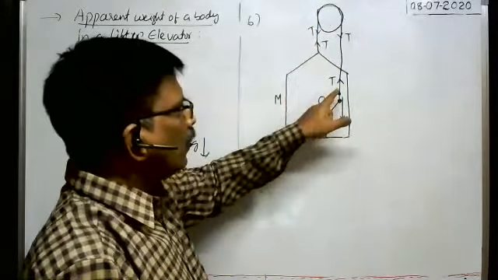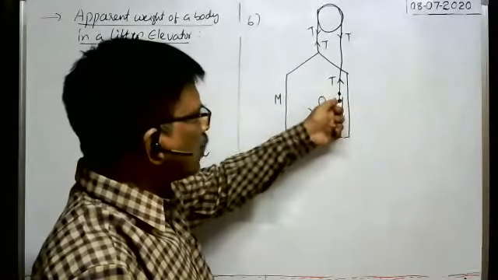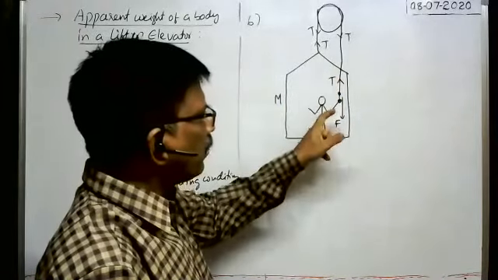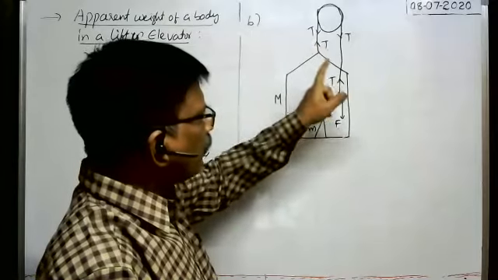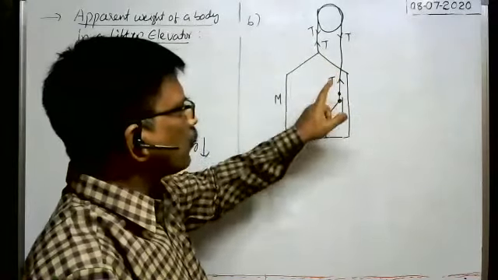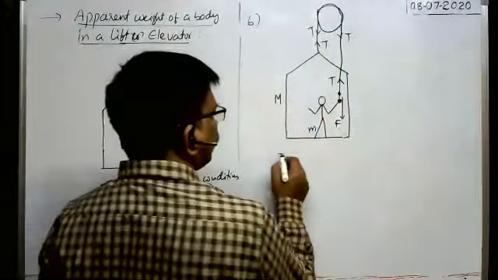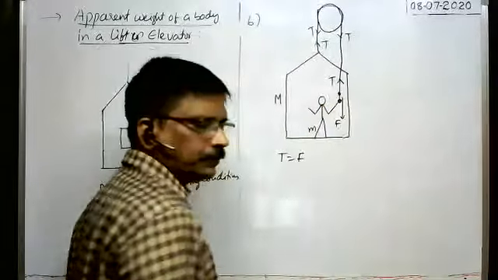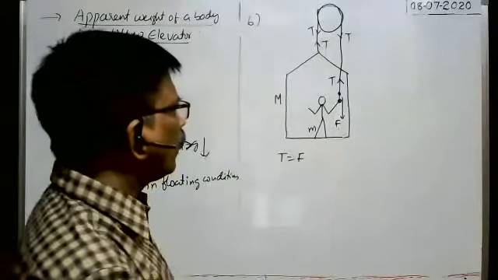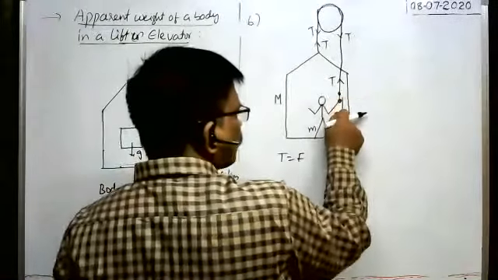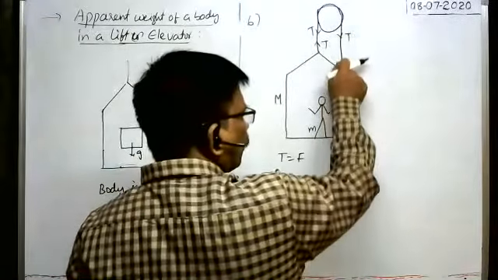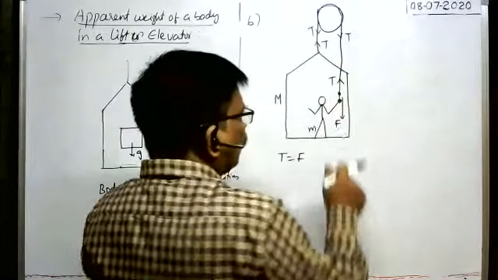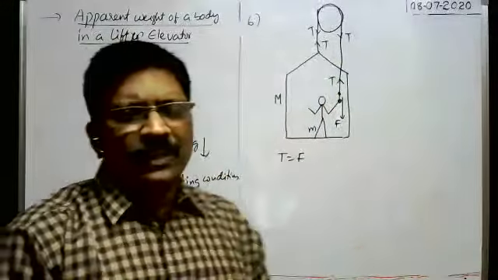In such a case, whatever force the rope is pulled downwards with by the man, the same amount of tension is developed in the rope. That's why T is equal to F. Here, the tension in the rope is equal to the force with which the rope is pulled by the man. Okay, now whenever the man is pulling the rope in the downwards direction, what about the elevator? In which direction can the elevator move?